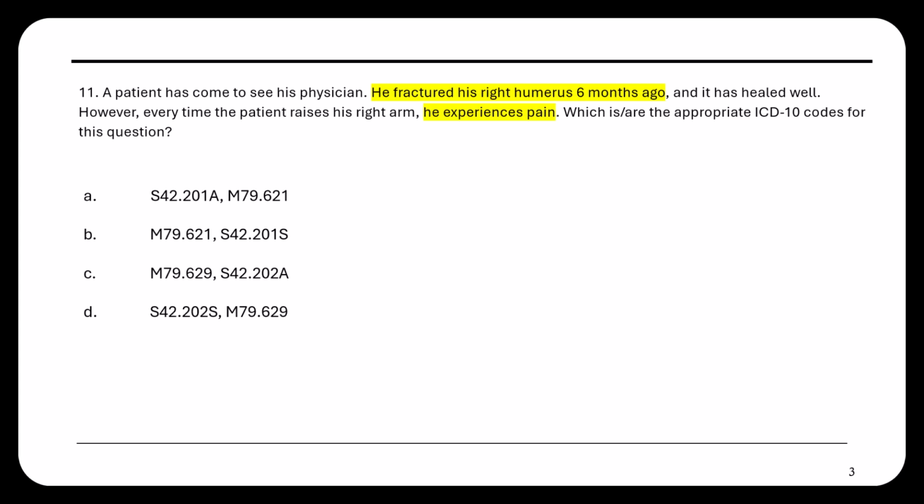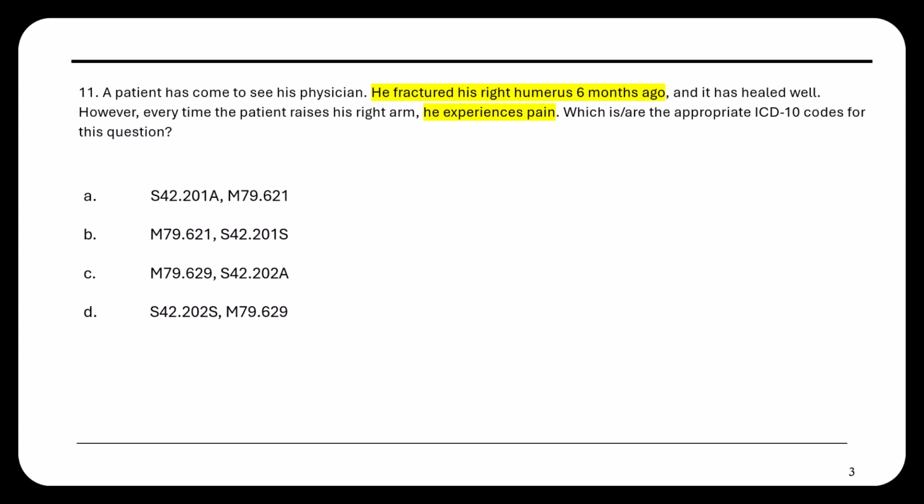There's an A and there's an S. Well, the A is normally the first encounter of something, as far as the broken bone, and the S is a sequela. What that means is it's old, and that's what we need. We need to reflect the fact that this fracture is an old fracture, not a new one.